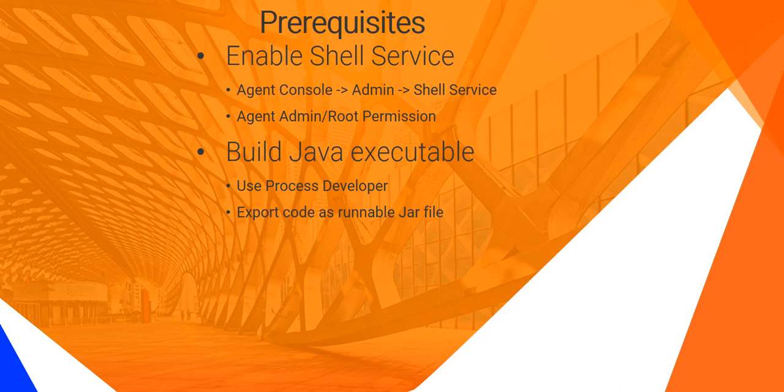Create a Java executable jar file outside of Informatica Cloud Real Time using a process developer or any IDE tool, and then export the code as a runnable jar file so that you can call it in a command line using shell service of Informatica Real Time.